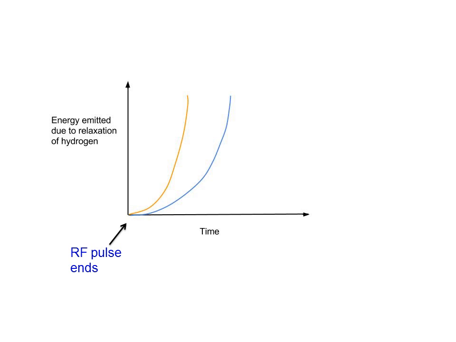If we just turn on the receiver coil after this RF pulse has ended and wait, then this orange tissue type has a short T1 constant, and this blue tissue type has a longer T1 constant, so it takes longer to emit its energy, it does it more slowly.